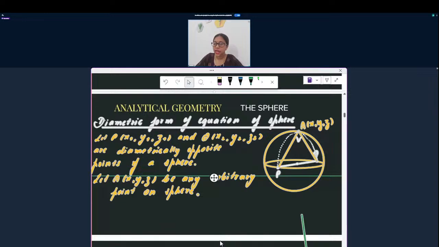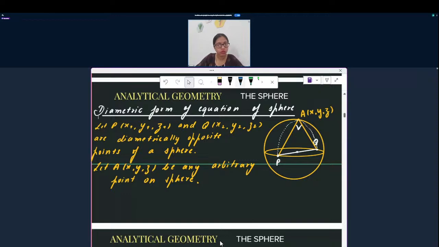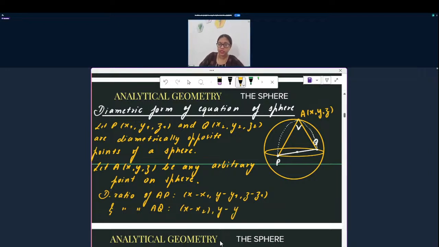Look at line AP. Can I find the direction ratio of AP? Because P is also known and A is also known. So we can find the direction ratio of AP, right? The direction ratio of AP is x minus x1, y minus y1, z minus z1, right? And the direction ratio of AQ is x minus x2, y minus y2, and z minus z2.